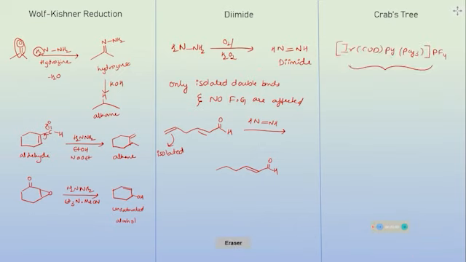Crabtree reducing agent. This is a Crabtree reducing agent. Here COD is called cyclooctadiene. So Crabtree generally reduces alkenes to alkane. Either it is a mono, di, tri or tetra substituted alkene, it is reduced to alkane. And also it reduces allylic alcohols to saturated alcohols.